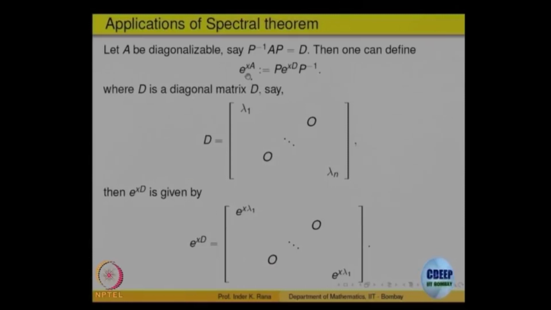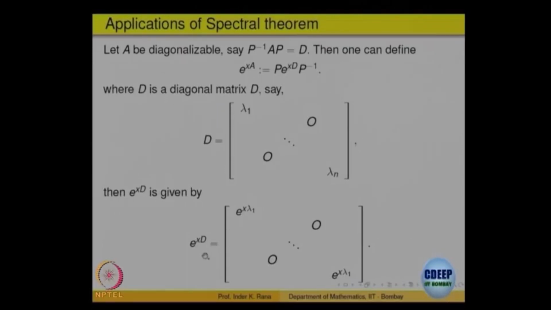So, e raised to the power A you can define as P times e raised to the power of the diagonal matrix times P inverse, and e raised to the power of a diagonal matrix is very easy to compute. If the entries are lambda 1, lambda 2, ..., lambda n, then e raised to the power D is just the diagonal entries, each with e raised to that power.